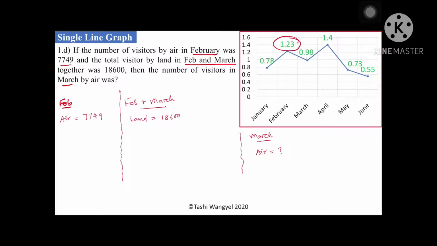The ratio of air to land in February is 1.23. So the number of visitors by air, 7,749, over the number of visitors by land is 1.23.